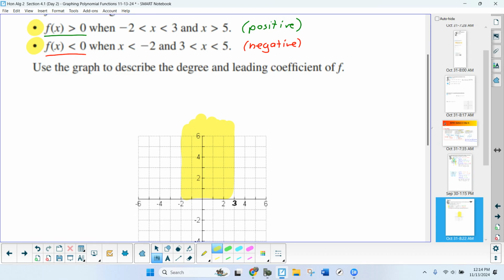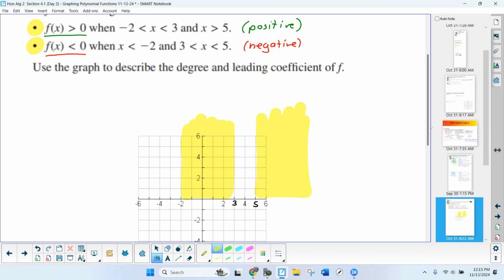I'm positive between -2 and 3. I'm also positive where else? When x is what? What else does it say? Positive when x is greater than 5. Do you see it says f of x is greater than 0 when x is between -2 and 3 and when x is greater than 5. So here's 5. So that means it would be over here. Okay, so we know it's positive in those areas.